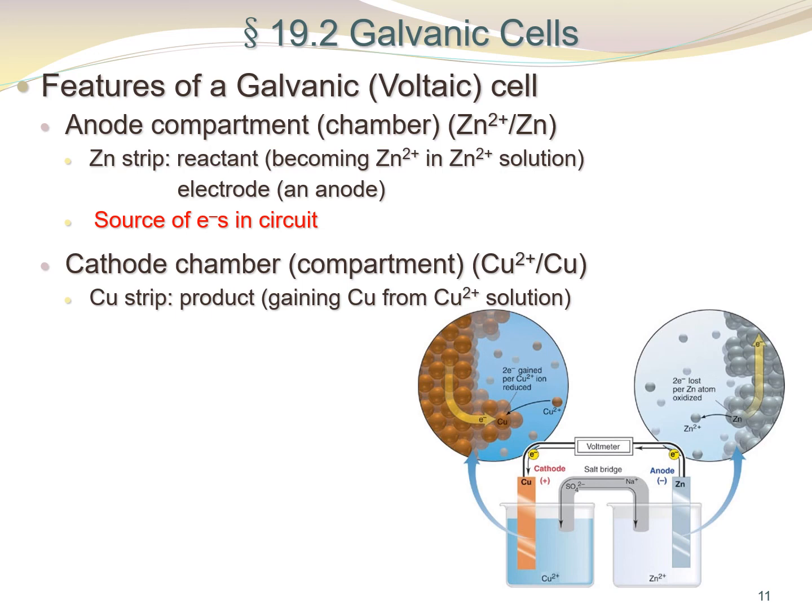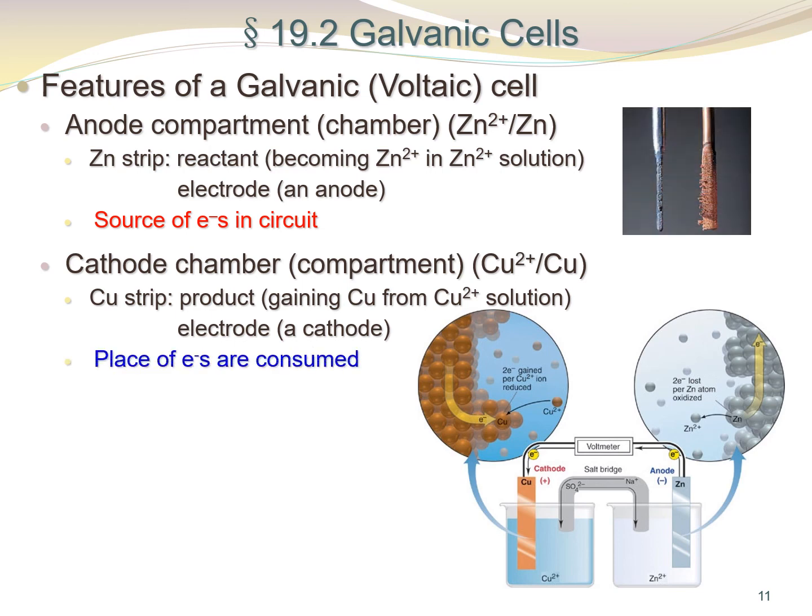So we start to see the gain of copper, because we got a copper solution, copper 2+, which gains the electrons when it contacts the surface of copper and forms copper metal, sticking on the surface. And copper is a very good electrical conductor, so it itself also serves as an electrode, a cathode. And this is the place where electrons are consumed.